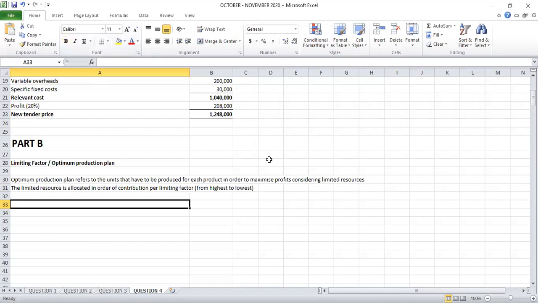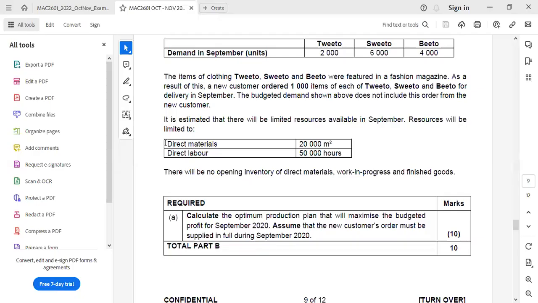Our first step is to identify the limiting factor. We have to identify which resource is in short supply. Some questions will be very clear. They will tell you that maybe the raw material is limited to this. But here we've got 2 resources that are limited.